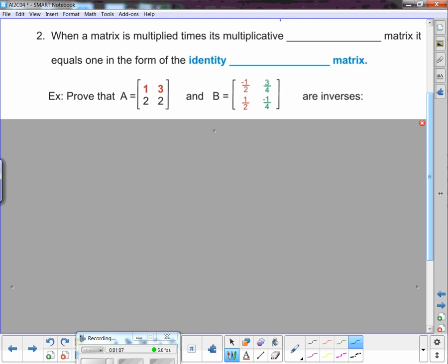number 2, when a matrix is multiplied times its multiplicative inverse. And this is what we're after. The multiplicative inverse. That's what we need. That's what we want. Because from pre-algebra, I made a statement like this to you guys. Things multiplied times a variable are moved by multiplying by the reciprocal.